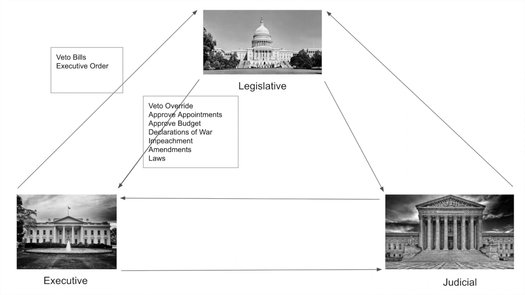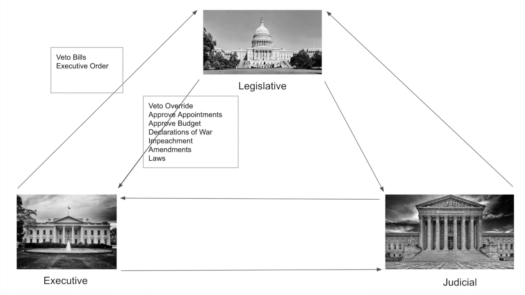Next up, we have amendments and laws. We can put these two together because they're very, very similar. If Congress wants to try to change something that the executive branch is doing, they can either change the law that the president is enforcing or not enforcing via executive order and make that necessary, or they can pass a constitutional amendment, at which point they hand that off to the various states, and the states will then finish that off.